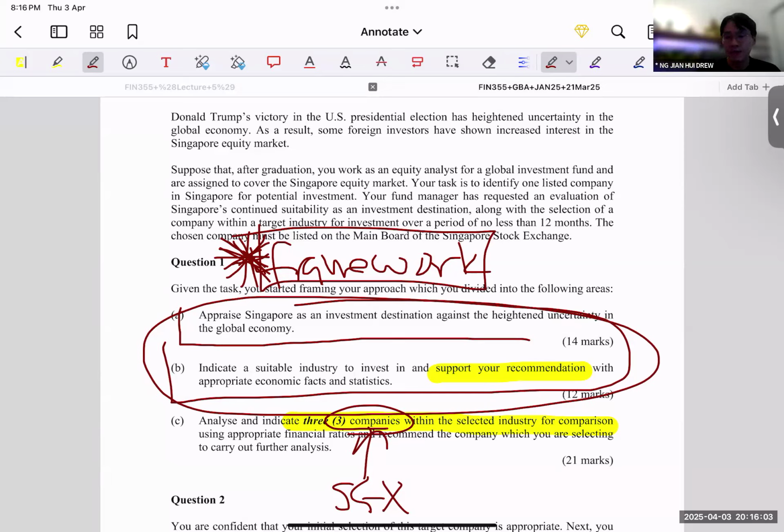You can reuse it, but I really encourage you to read the question carefully and not take it for granted. You just copy, maybe ask ChatGPT to rephrase for you and you just paste it there. Try to avoid doing that, because you might mistake the way the questions are being asked, and you're not answering the question, you lose a lot of marks in that sense. So please still put in effort to read the question and know what they are asking.